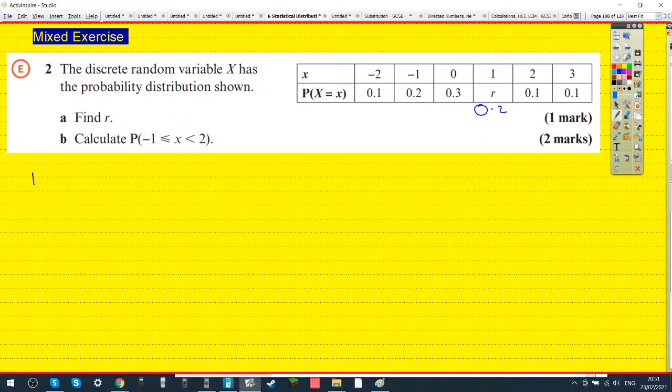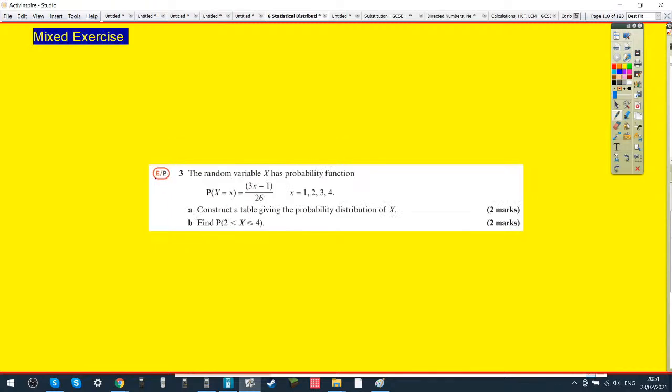Part B. So it's the numbers between 1 and below 2, so it'd be the 0.2 and 0.3 plus 0.2, which gives you 0.7. Great.